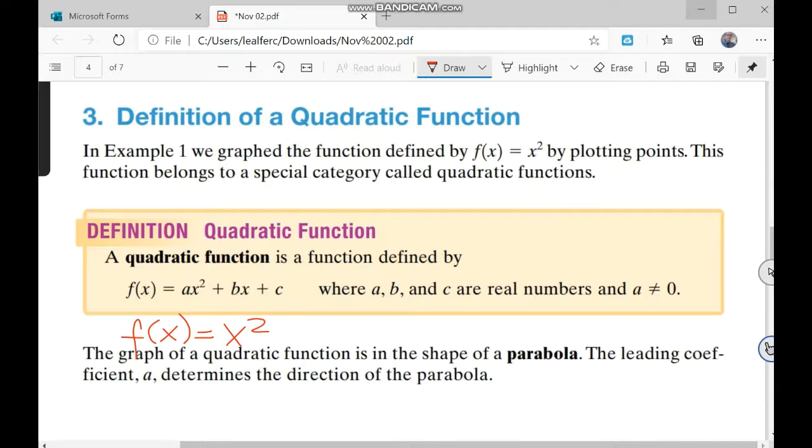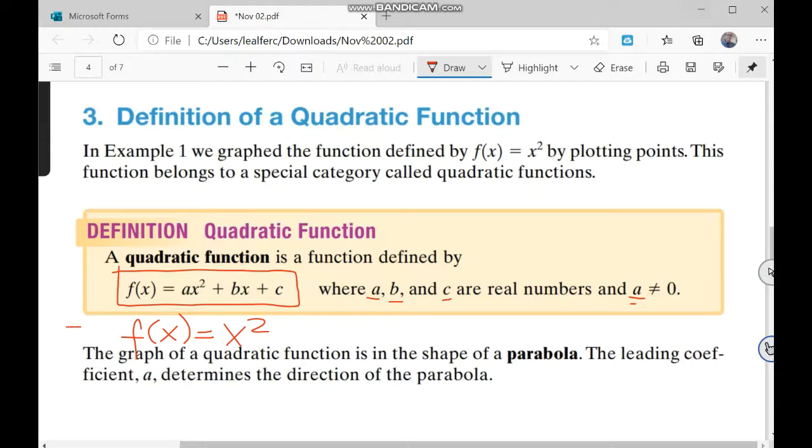But the full definition is that one. A quadratic function is a function defined by f of x equals ax squared plus bx plus c, where a, b, and c are numbers, and a is different from 0.